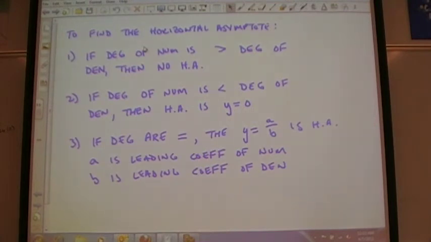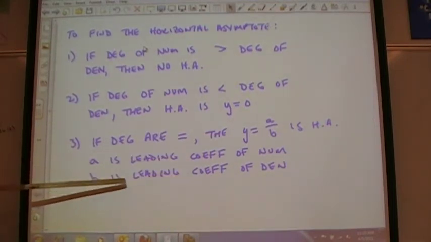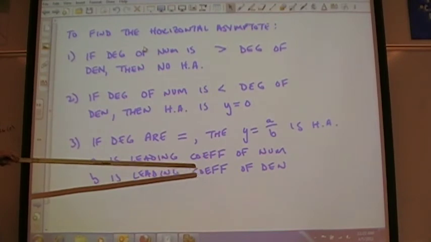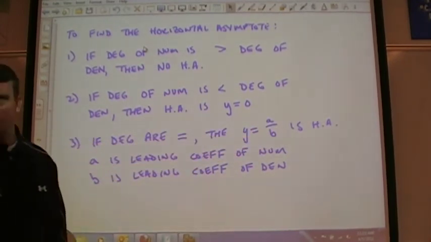And I think the third one is the easiest one to remember, where the degrees are equal. All you have to do when the degrees are equal is look at the leading coefficients of the numerator and denominator, and that's your horizontal asymptote. If A is the leading coefficient of the numerator and B is the leading coefficient of the denominator, then y equals A over B is the horizontal asymptote.